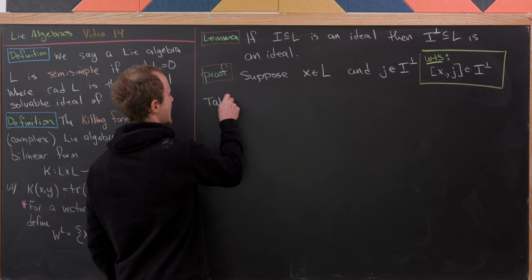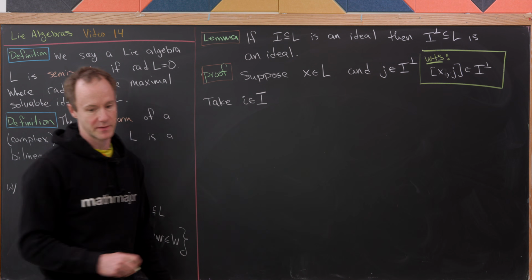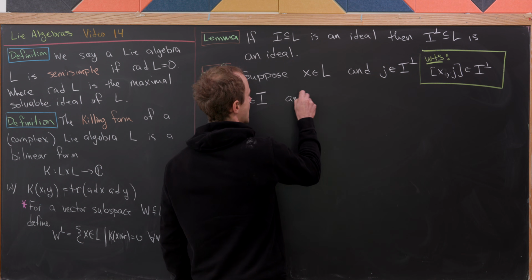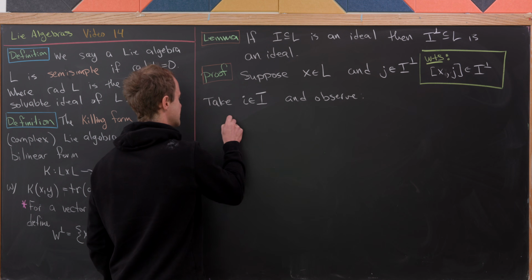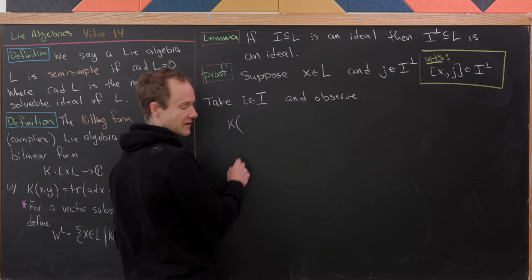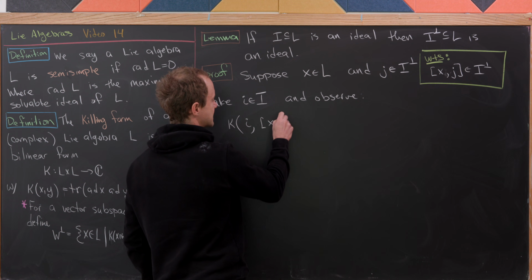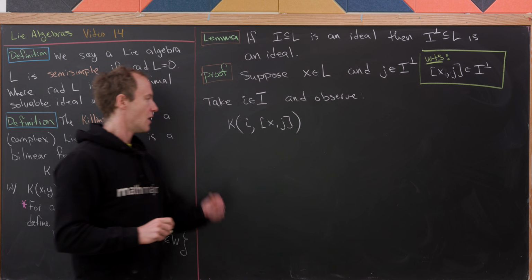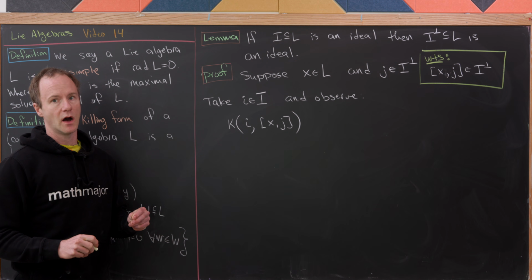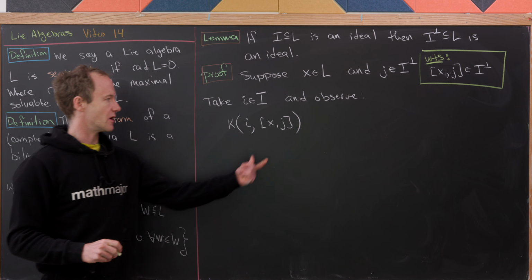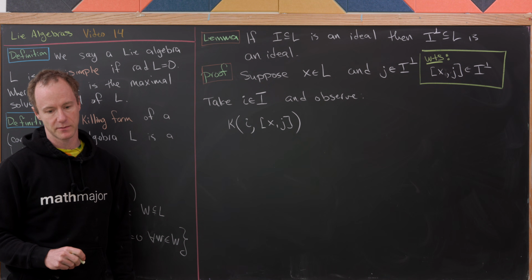Okay, so let's do that. Let's take i from the ideal, and this is any i from the ideal, and then observe the following. Let's do kappa of i comma the bracket of x with j. Just to reiterate, if that were equal to 0, then the bracket of x with j would in fact be in I perp.